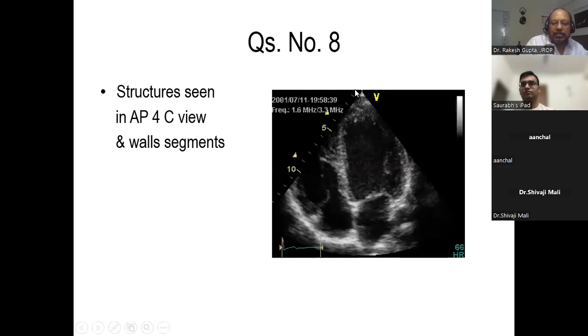So what are these structures in four chamber view? Sir, this is apical segment. This is a basal, apical septum, sir. This is a mid septum, and this is a basal septum, sir.